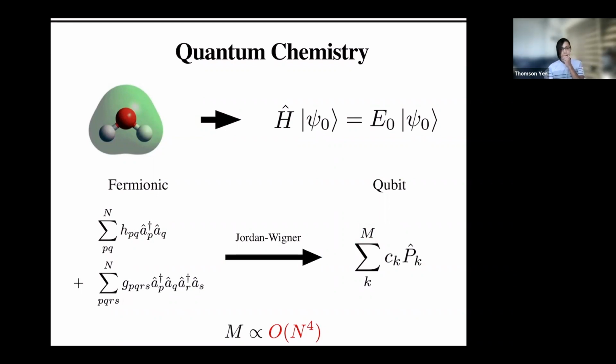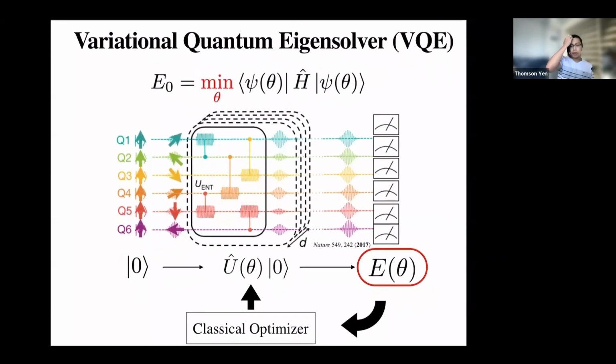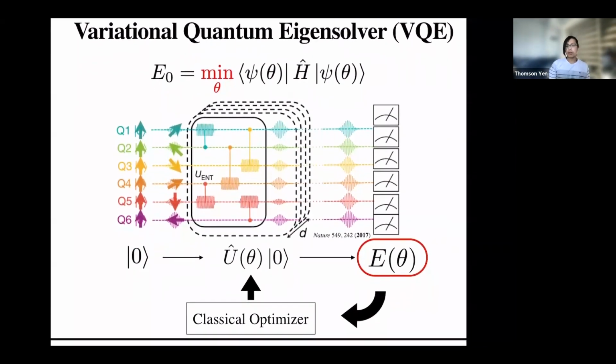So after you have written down the Hamiltonian, you want to solve for its ground states. And the variational quantum eigensolver does that by using the variational principle. So you parameterize a wave function, you minimize with respect to theta, and at the end you would get the ground state energy.